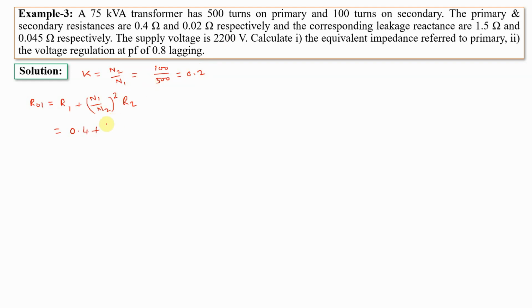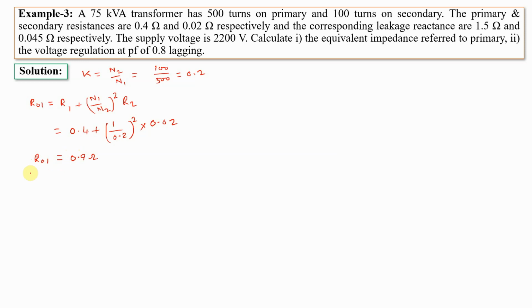So N1 by N2 will be 1 upon 0.2, square, into R2, and the value of R2 here is 0.02. After solving, we will get the equivalent resistance referred to primary, that is 0.9 ohms. This is the value of R01.